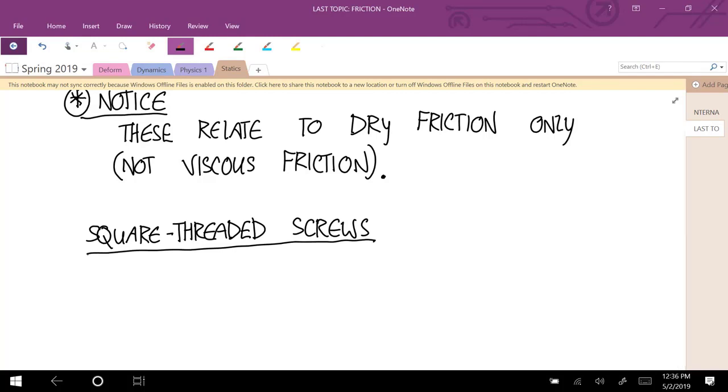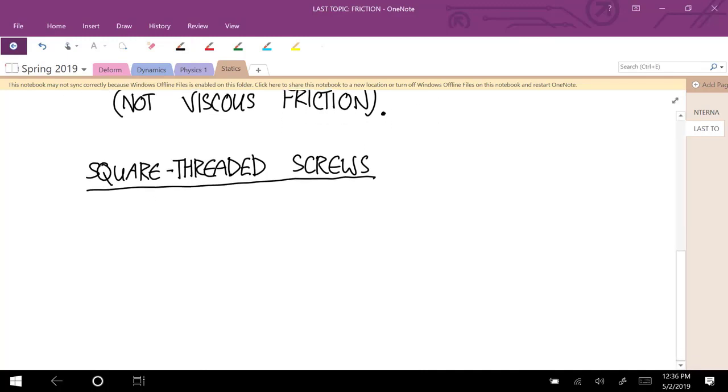And what we're talking about here is screws like this. Let me try to draw it.